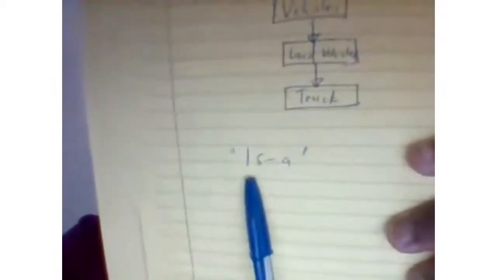Now normally in these relationships there is what we call an is-a relationship. An is-a relationship is basically a relationship where we can say this is a member of this, or this is a part of this.